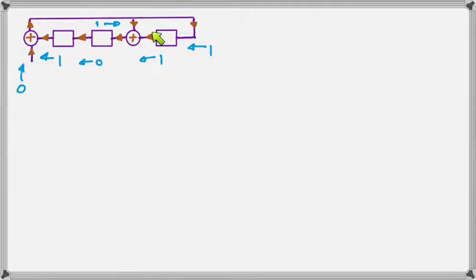This 1 is coming out of this 1 to combine with this 1, which is going to produce a 0 coming in here as this 0 comes out and moves in here. And then we're done because that 1 was already available to combine with this 0 to produce the 1 in the first place. So that is what is called a cyclic shift register.